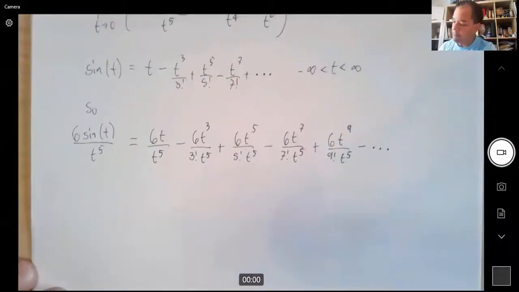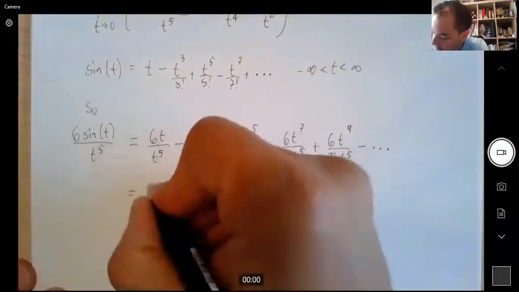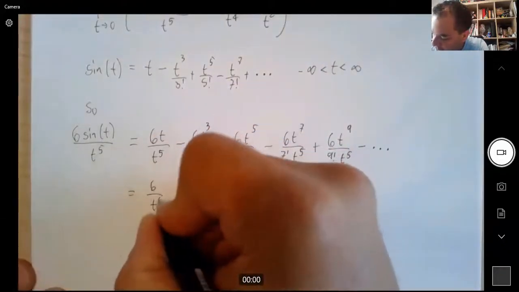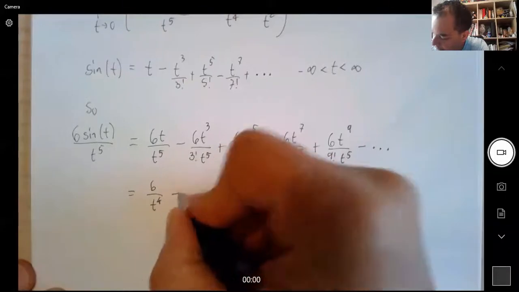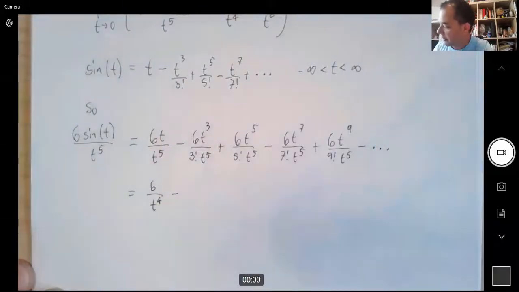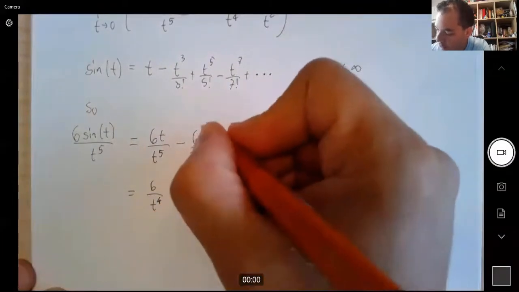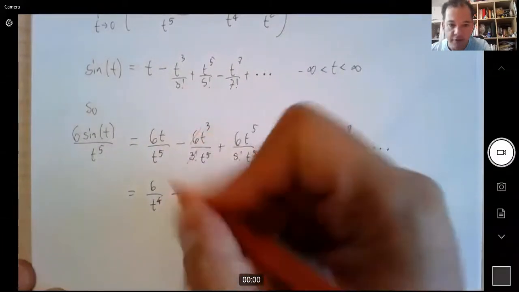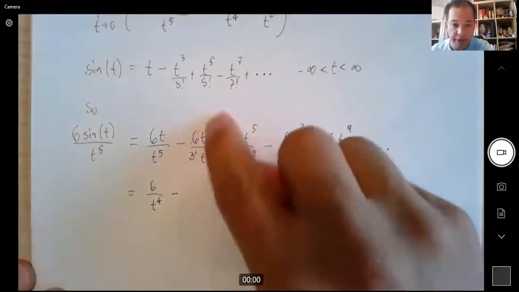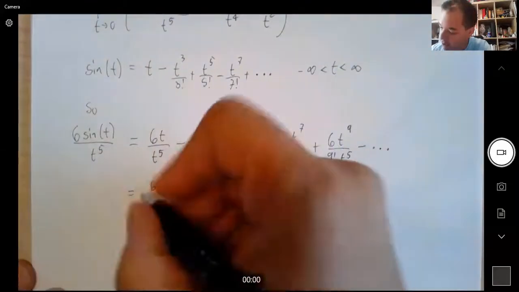Okay, let's simplify it. This will be 6 over t to the fourth. This will be 3 factorial is 6, by the way. So these two cancel, right? 3 factorial is 1 times 2 times 3, so that's 6. So these two cancel, and simplifying the exponents here gives me 1 over t squared.